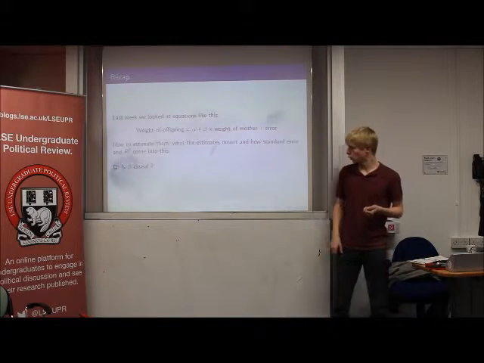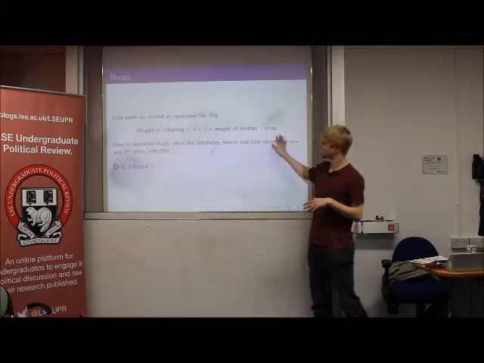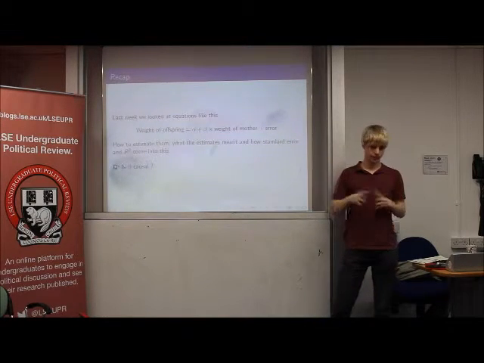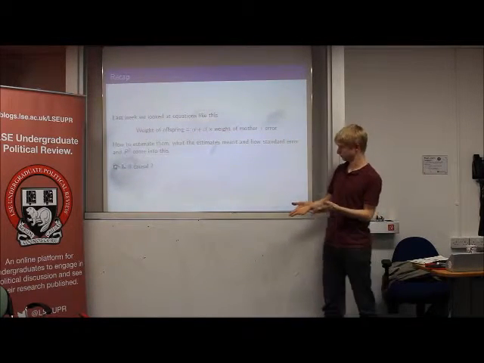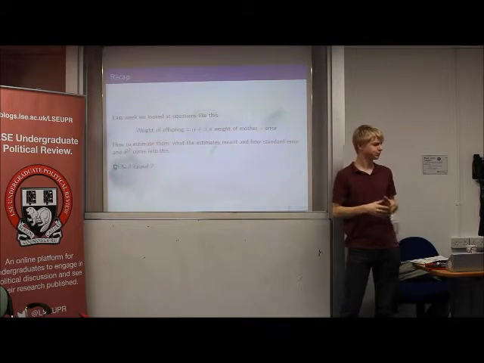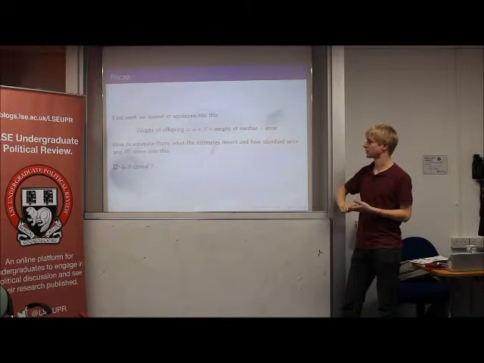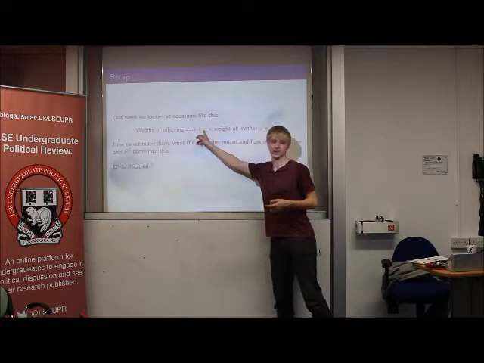Okay, great. So last week we looked at things like this. So we began with an idea in our head as to what the world looked like. We wrote it down, a model of it. We got some data, we fit the data to the model, and we ran the regressions, and we came up with estimates for alpha and beta.